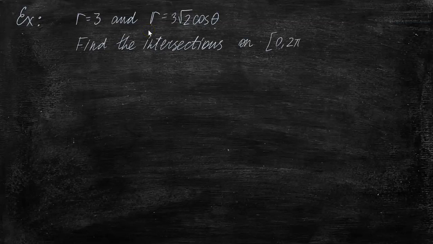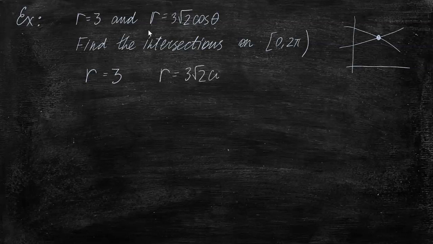So to find the intersections, we're going to... So what does it mean for two curves to intersect? That means for the same input, they produce the same output. So in our case, we're going to try to find the values of theta that produce the same output. So to do that, we're going to take one equation, take the other equation, and we're going to set them equal to one another. And that will give us the values of theta that produce the same values of r.